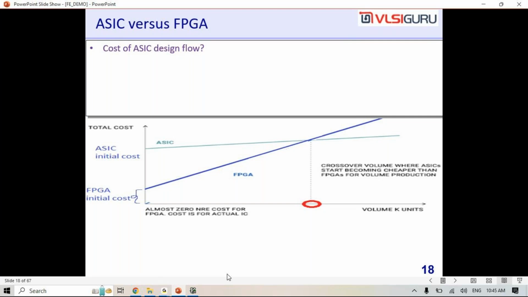Otherwise, your whole investment is gone. Investors or entrepreneurs here prefer safe bets, right? Setting up your own design house may not be a safe bet because there's always a chance that your design may have a simple bug, a small bug, and then it will not work.